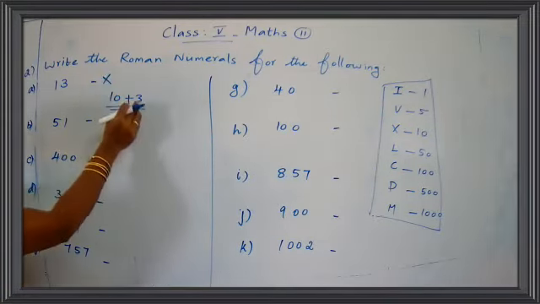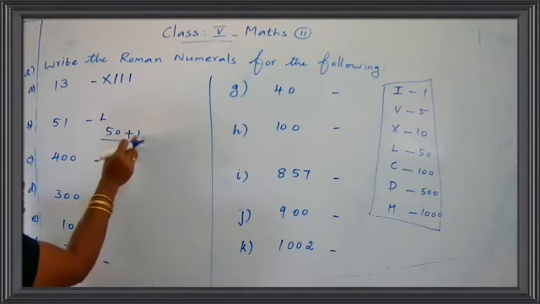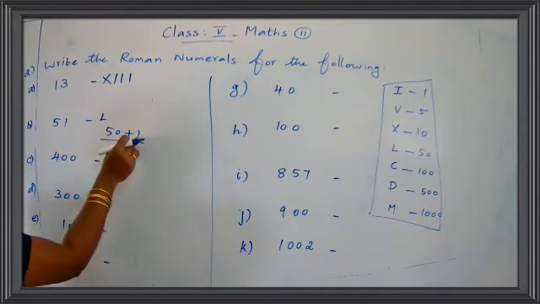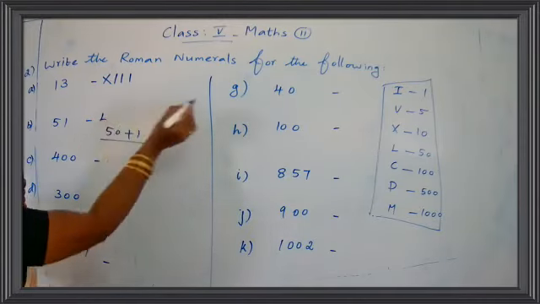So 51 can be written as 50 plus 1. 50 stands for L. So L plus 1. I stands for 1. So that's why LI. So LI stands for 51. Are you clear? Yes.